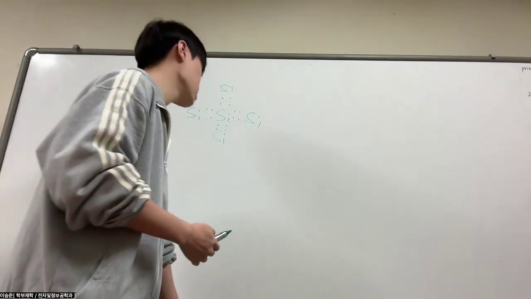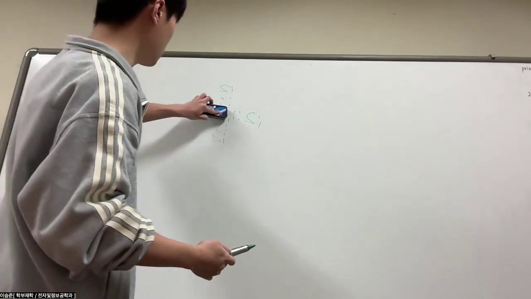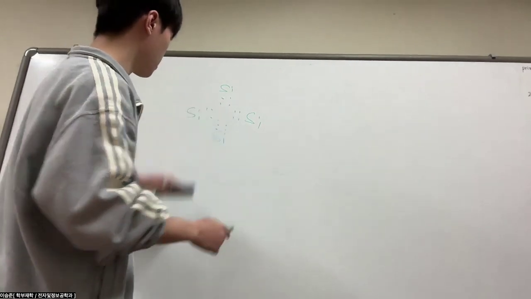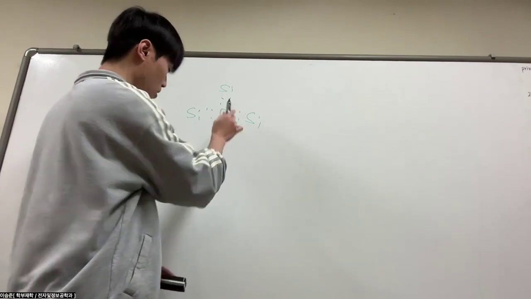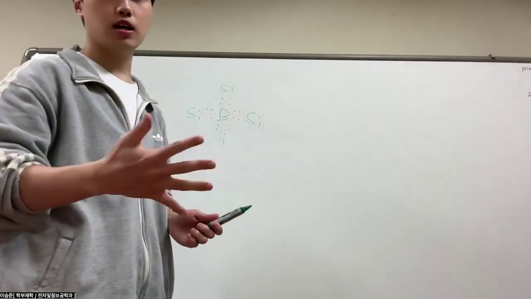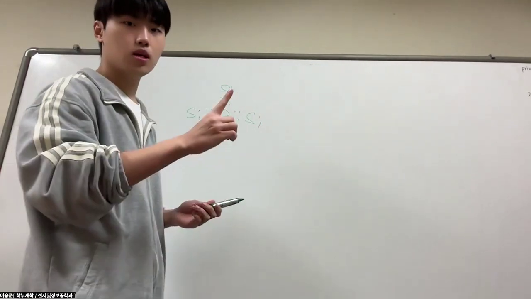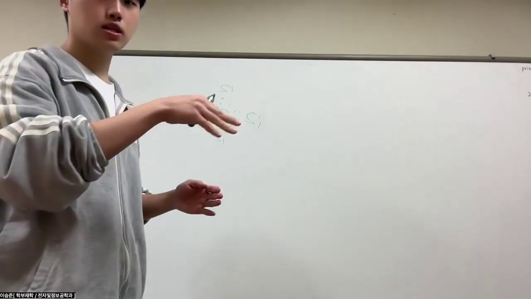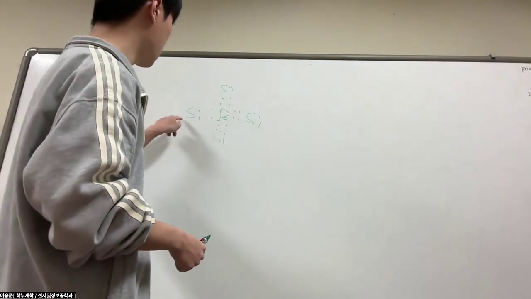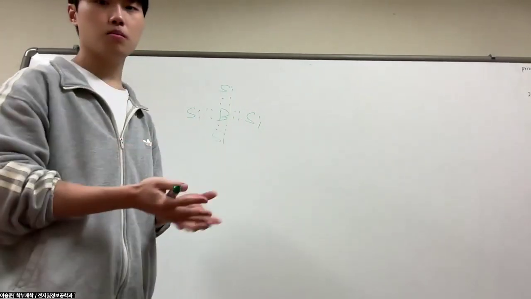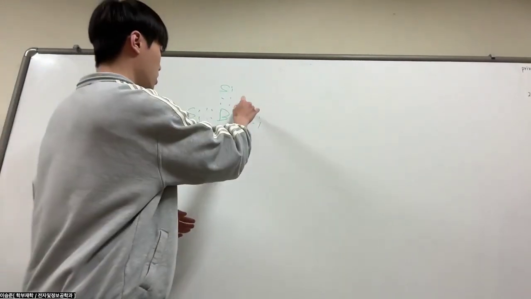For example, first, when we use boron, boron has five electrons on the outside. Four electrons have covalent bonding with all the silicon around, but one electron is left over.